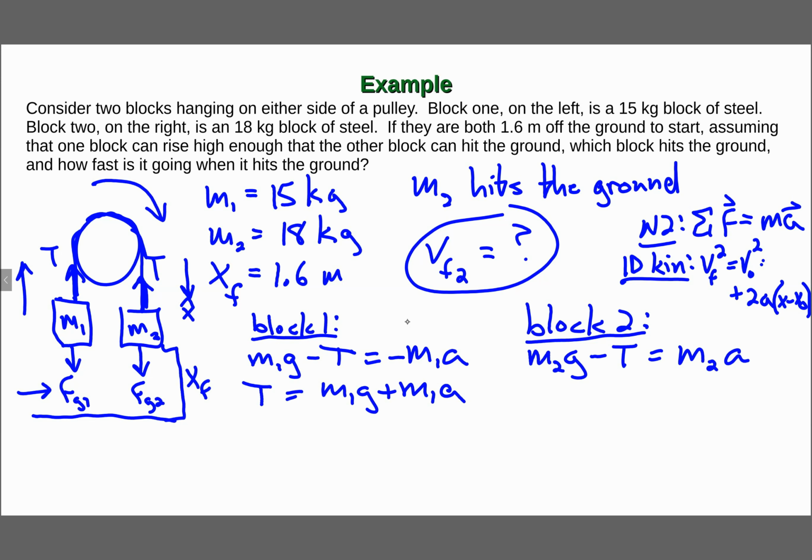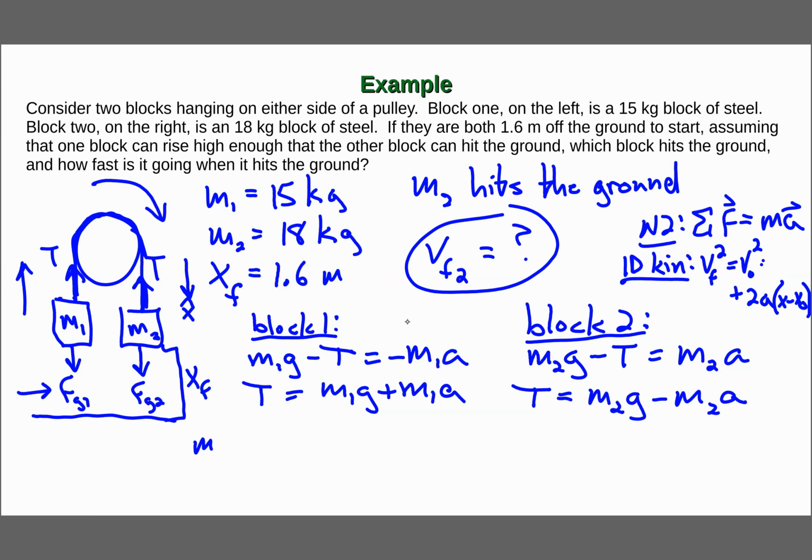And this equation says that tension is equal to m2g minus m2a. But now, Newton's third law tells me that this force, this tension, is an interaction. It's an interaction between block 1 and block 2. And of course, interactions have two sides, but just one magnitude, so these T's are the same.